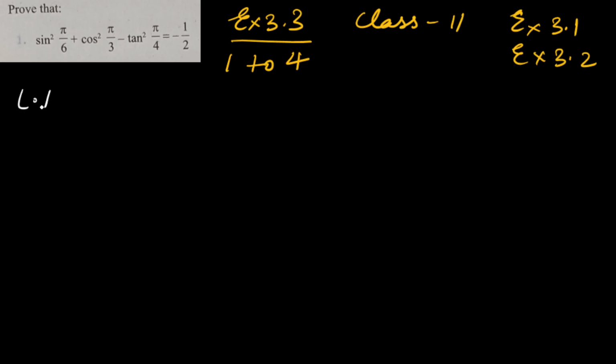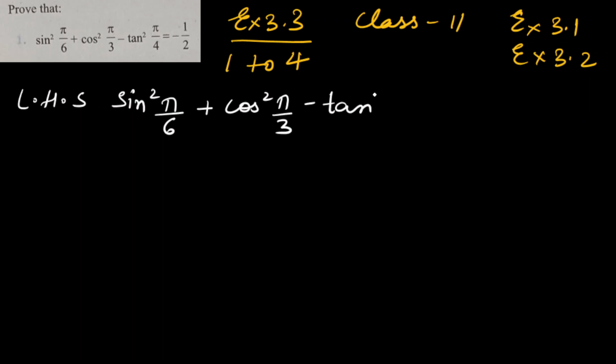So I'm going to use the left hand side of this one. The left hand side is sin square pi by 6 plus cos square pi by 3 minus tan square pi by 4. We know pi by 6, pi by 3 and pi by 4 are standard angles.